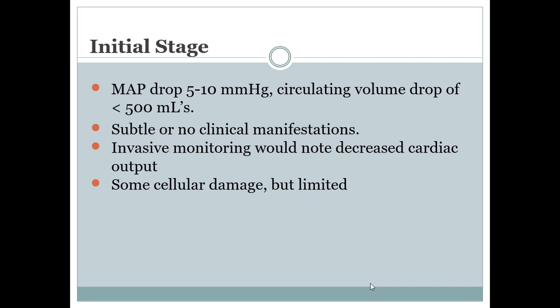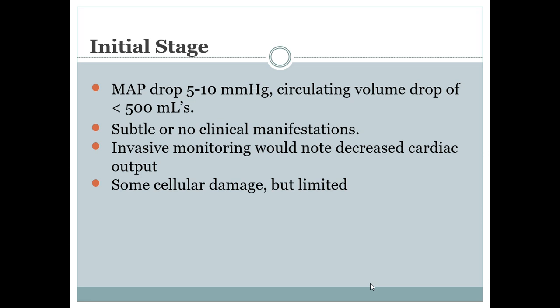All right, initial stage. So remember this, in the initial stage, the system response includes decreased oxygen delivery to the tissues. It's the very first thing that happens. So the MAP might drop.